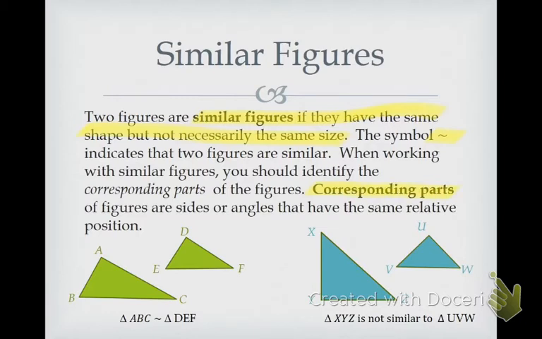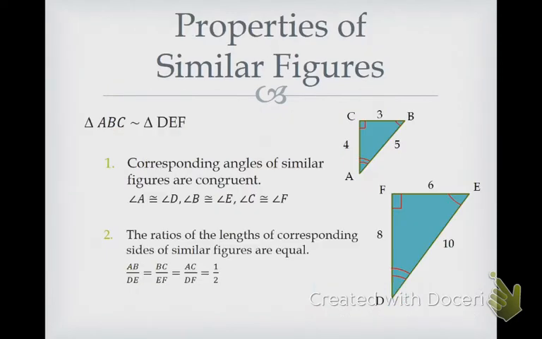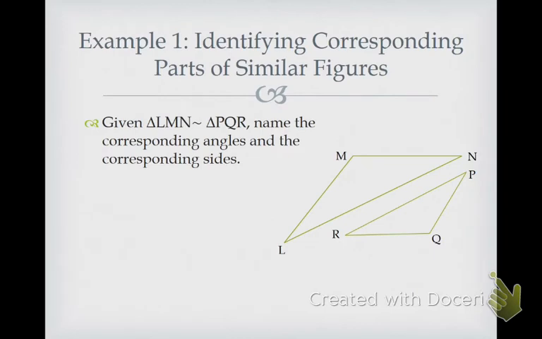They're in the relatively same position on both figures, okay? So this is an angle that's in the same position on both figures, a side that's in the same position on both figures. All right, so let's see here. We're going to skip over the properties for a minute, and we'll go straight over to identifying corresponding similar figures.